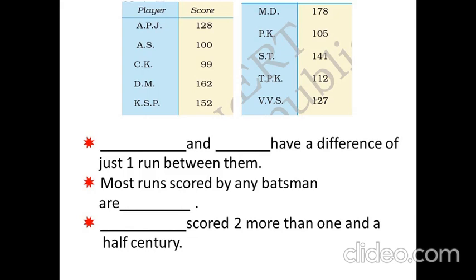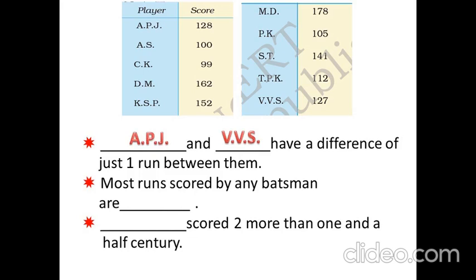APJ scored 128 and VVS scored 127. So there is also 1 run difference between them. So you can choose any of these. This time I am choosing APJ and VVS have a difference of just 1 run between them.